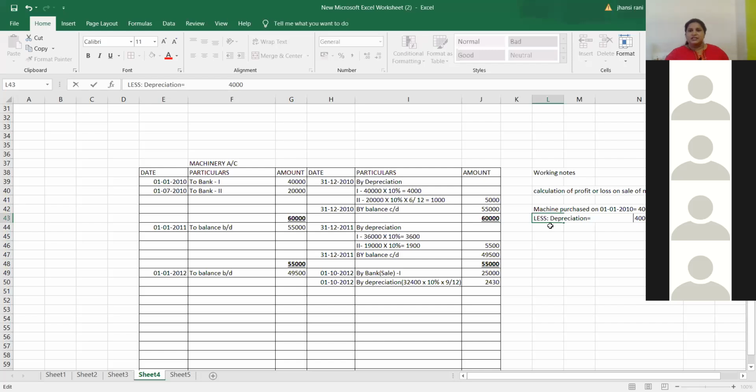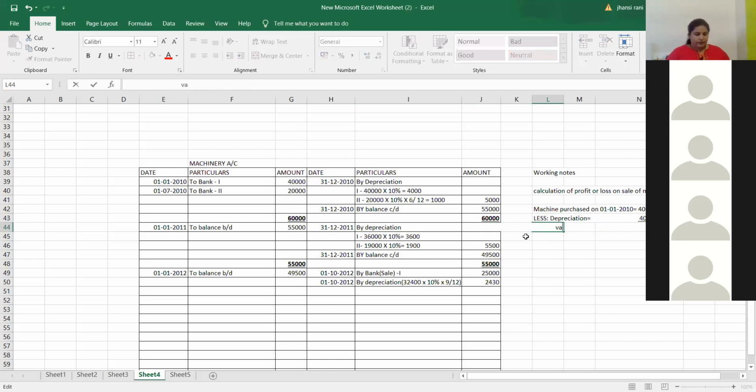So when you deduct it, you will get 36,000, and this 36,000 is the value of depreciation on the balance.